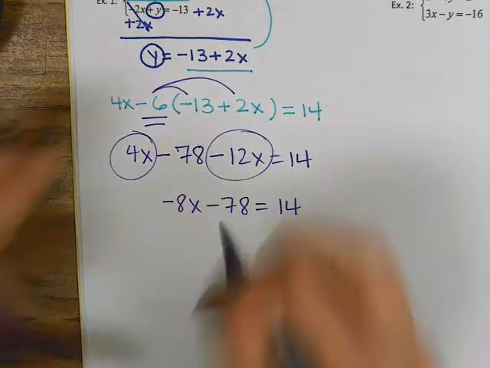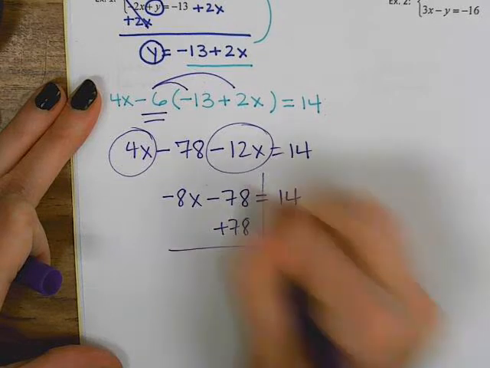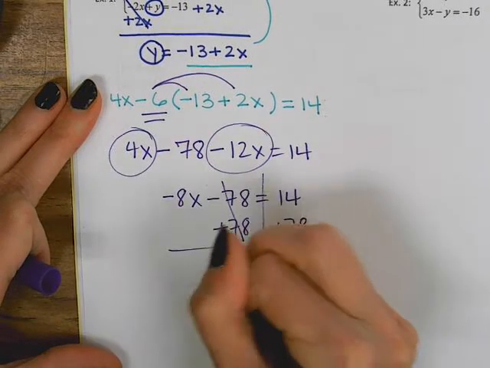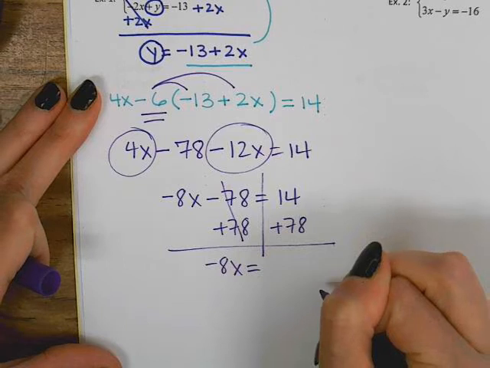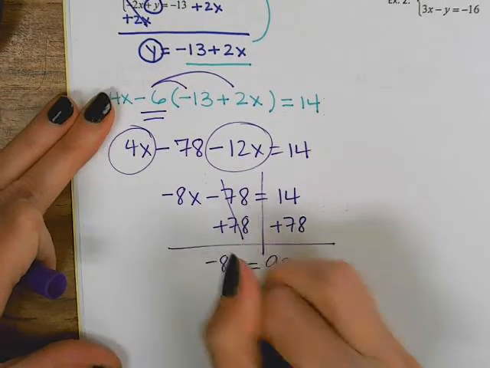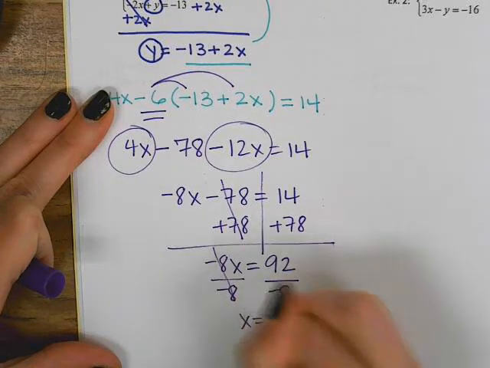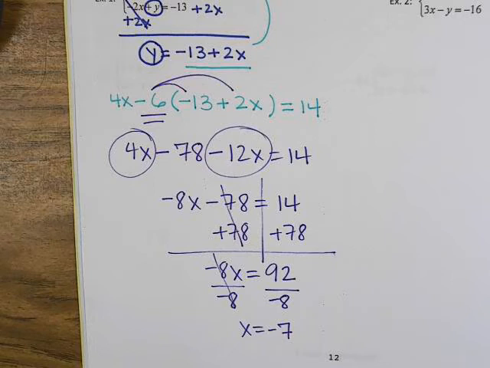And then to finish solving, draw the wall, add 78, add 78. We get negative 8x equals 92. And then divide by negative 8, divide by negative 8. So x ends up being negative 7.